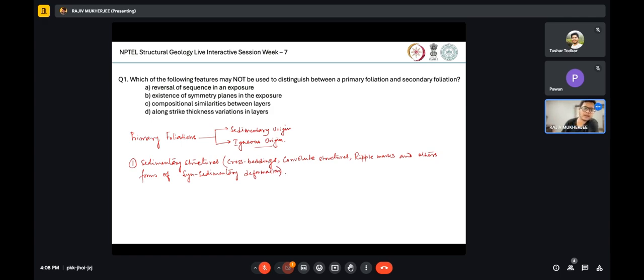Now, if we follow the question that asks which may not be used to distinguish between a primary foliation and a secondary foliation: reversal of a sequence in an exposure is explicitly associated with the sequence of sediment deposition.